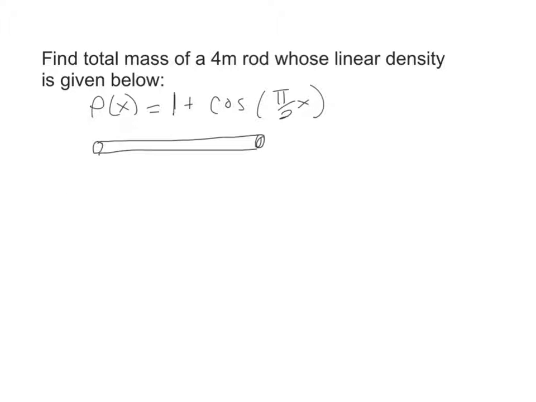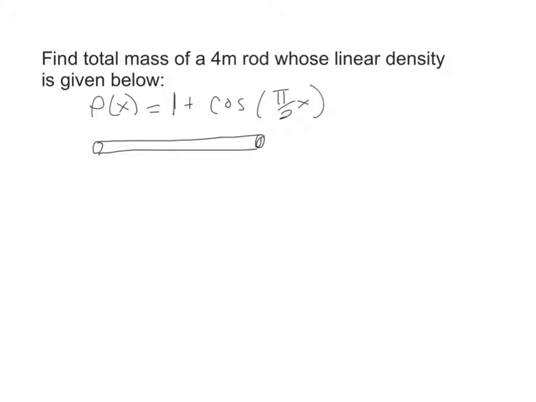So the question posed to go along with this idea is find the total mass of a 4-meter rod whose linear density is given below. So linear density recognizes that density is not constant. It changes based on where you are on this rod, and the function at which it's changing is this guy. So this talks about how the density is changing over this area.